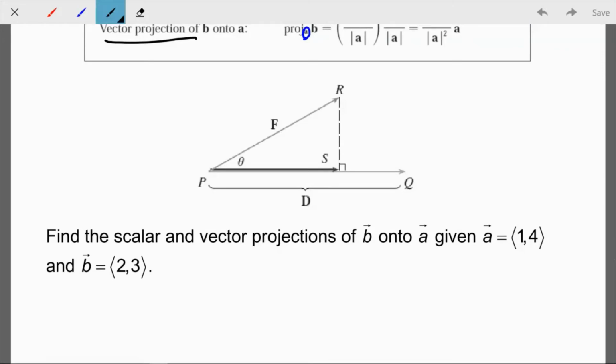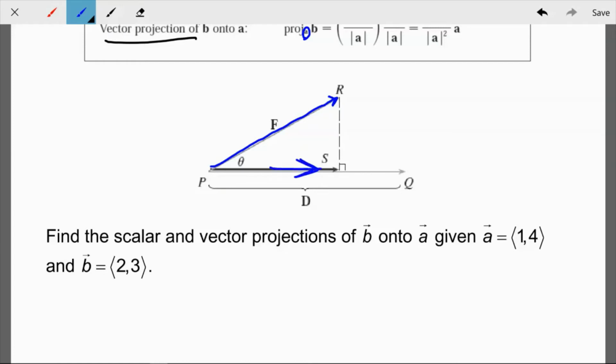This is a force function here, or a force vector, I should say. We've got it pointing in this direction. Let's say we were trying to move an object in the direction of this axis. What I would be interested in is how much of my force is actually acting in this direction.